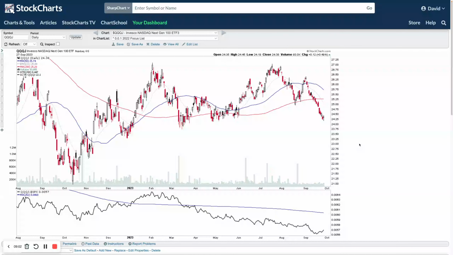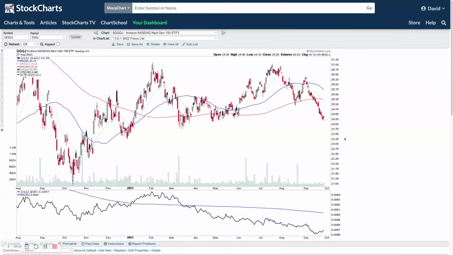Look at the QQQJ. Haven't shown this one for a little while. So this is the Nasdaq Next Gen 100 ETF, and it's basically the Nasdaq second 100 stocks. So not the top 100, it's the 100 to 200 type stocks, more mid cap. Still, the majority of them are probably still large cap, but they are the secondary stocks.